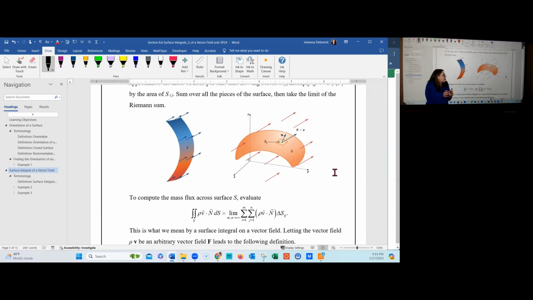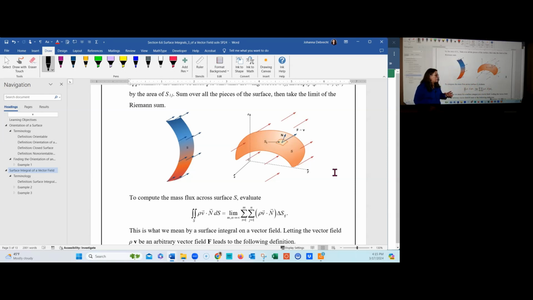Then we get a tiny little portion shown on the image on the right with S sub ij showing up as a curved rectangle. When we look at that curved rectangle, we have a normal vector which points orthogonal to the surface coming directly off at the point where we evaluated the normal vector.